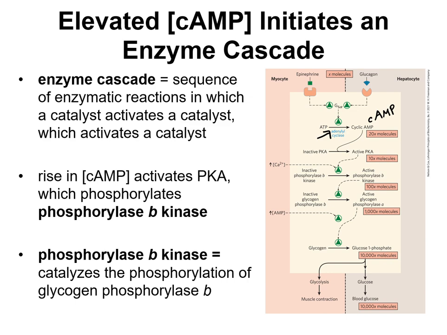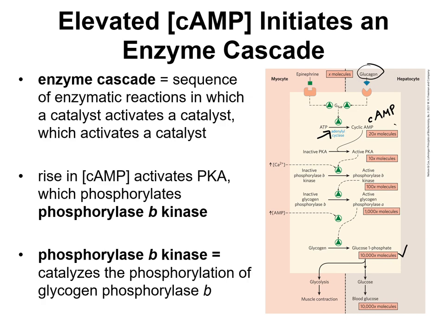You'll notice that the numbers along the side here, 20x, 10x, 100x, show the amplification of the signal, to go from a few molecules on the outside of the cell to thousands of glucose 1-phosphate molecules, which can then have their whatever fate depending on which tissue you're in. That is huge amplification.